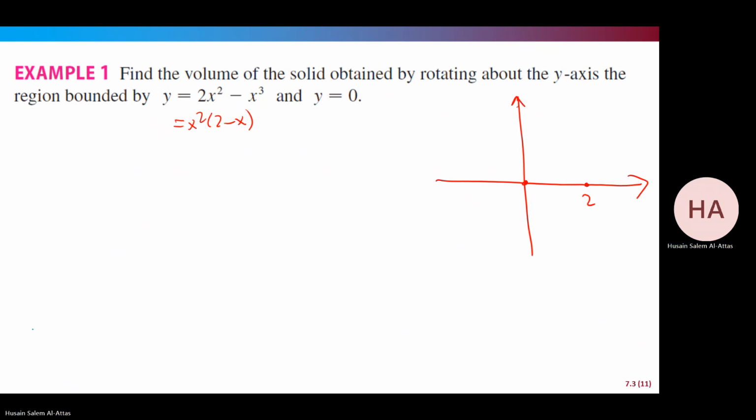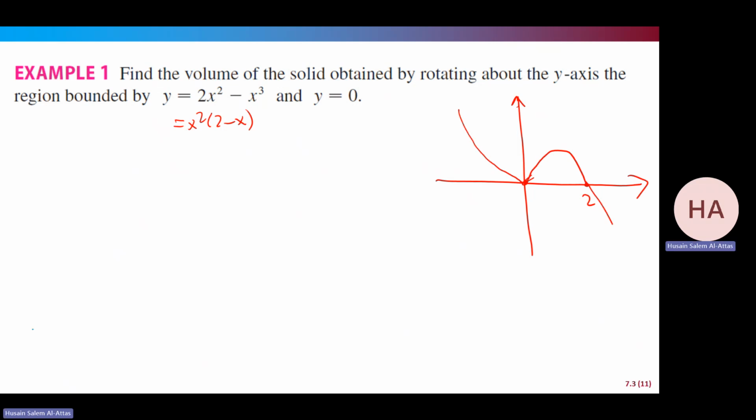Before 0, the function is what? Negative, that will be positive. The function will do something like this, who cares? Then at 0, this is even, so it will not cross it. It will go back and then go to 2. And at 2, it will cross. The sketch of the curve.